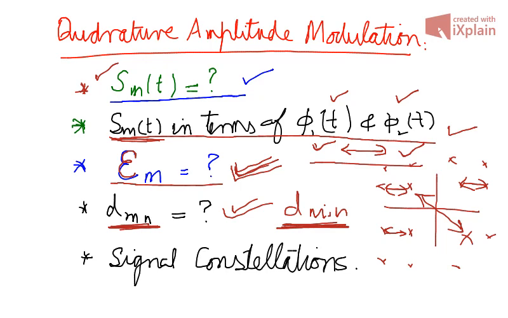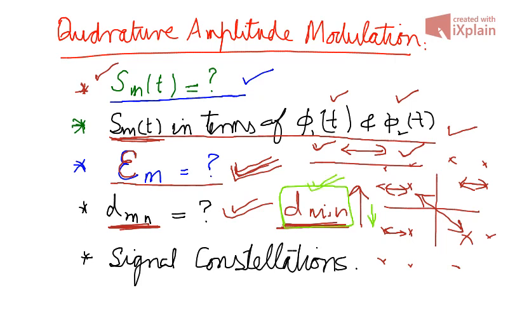So if you have a higher minimum Euclidean distance, your symbol error rate reduces, it lowers. We will see that for our symbol error rates in white Gaussian noise, this Euclidean distance plays an important role.